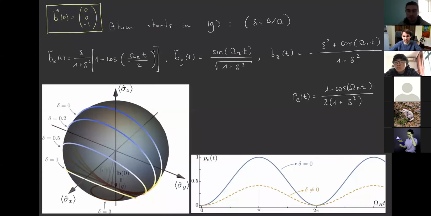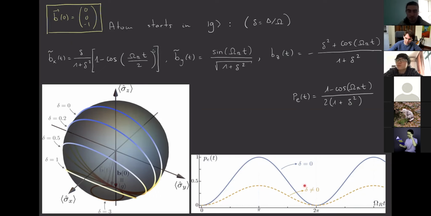population in the excited state as a function of time. And what we saw is that we have some kind of periodic behavior in which, when we are at resonance, so resonance between the periodic forcing and the atomic transition, we manage to transfer the full population from the ground state to the excited state.